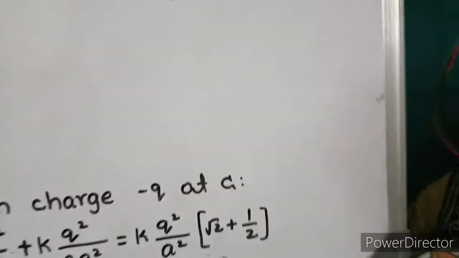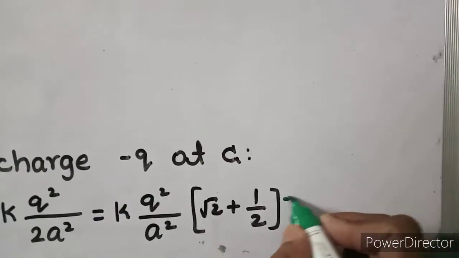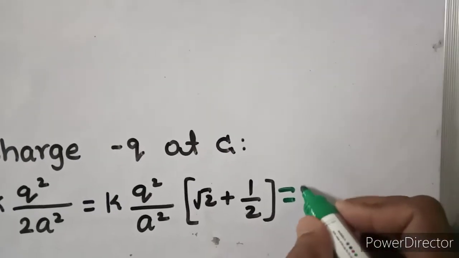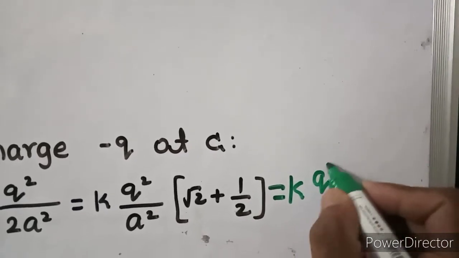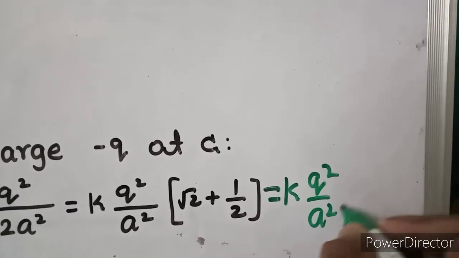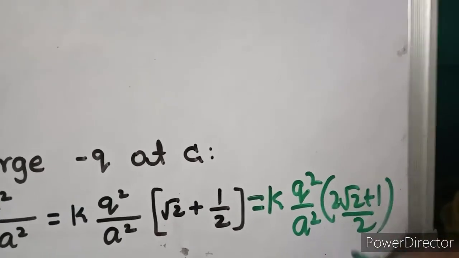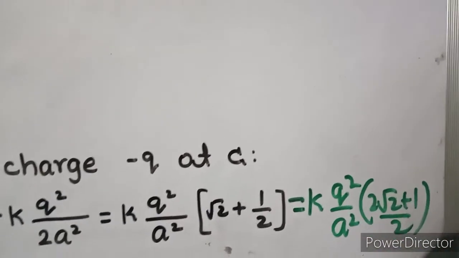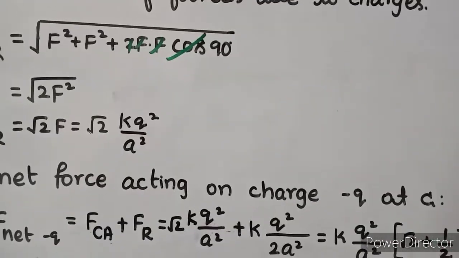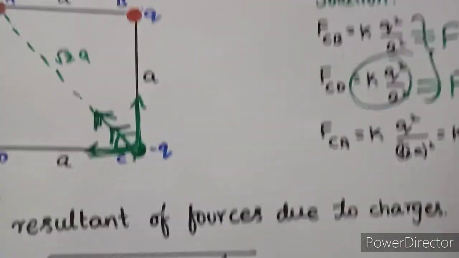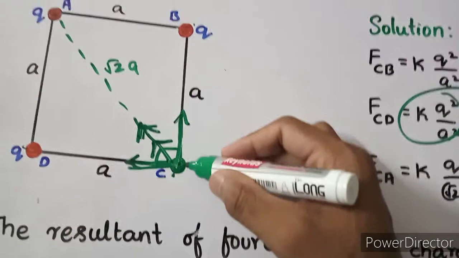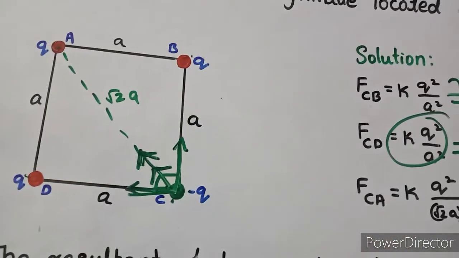So if you take the LCM, this is equal to K Q square by A square into (2 root 2 plus 1) divided by 2. Correct? That's it. So this is the net force acting on the negative charge located at point C due to these three charges. That's it.